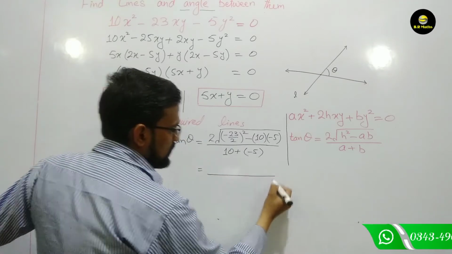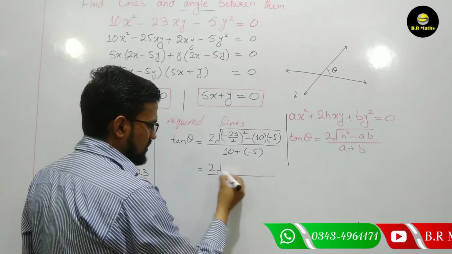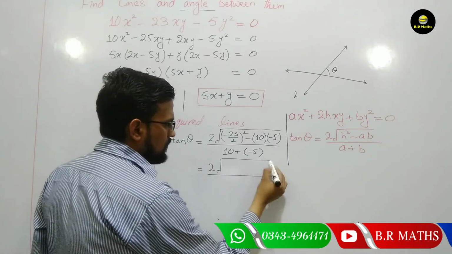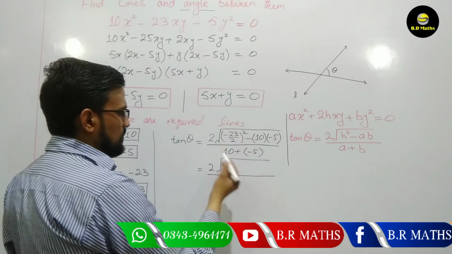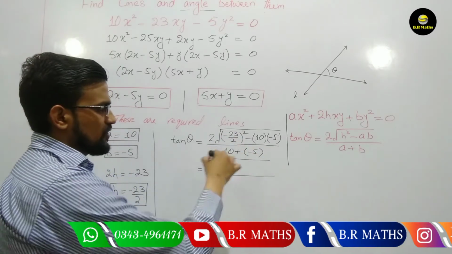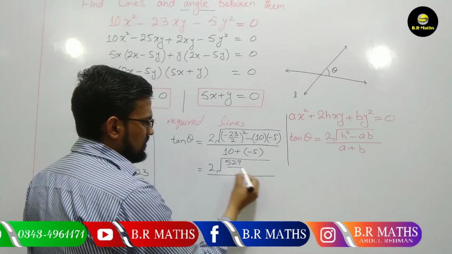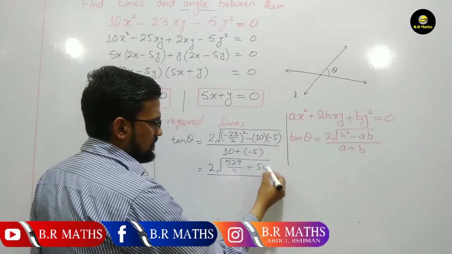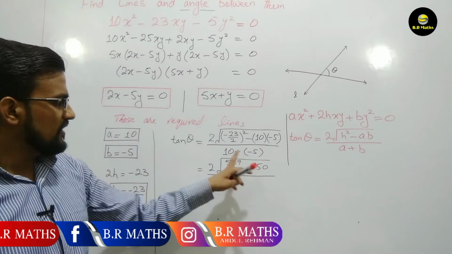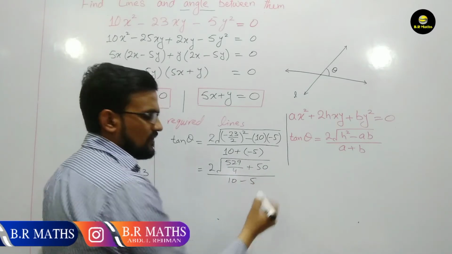So simplify this formula: square root, due to the square it becomes plus 23 squared, which is 529 divided by 4, minus minus becomes plus 5 tens 50, divided by 10 minus 5.